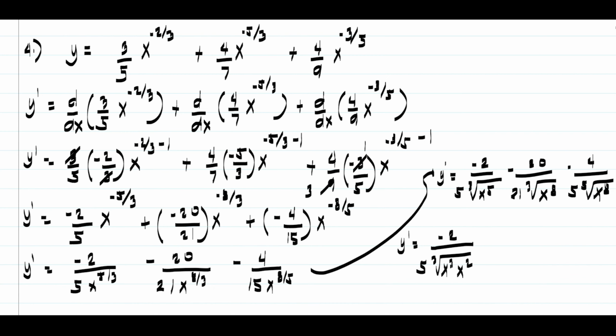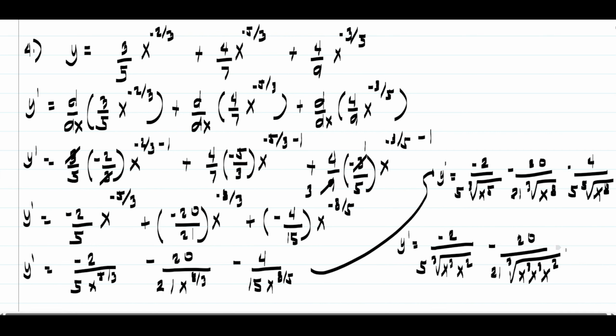And then later on, we are going to get the perfect cube, which is x cubed. And then we have 20 over 21, and our index is 3. We are going to divide the exponent of x by 3. So this is x cubed, x cubed, x squared.